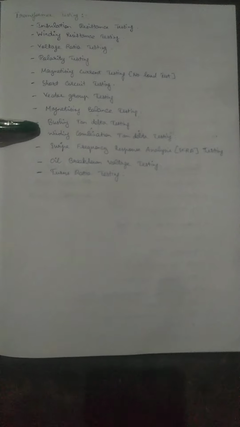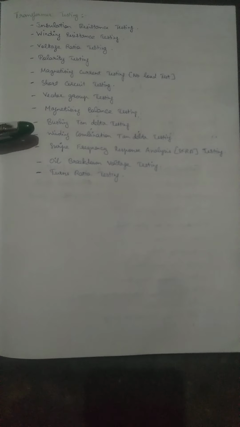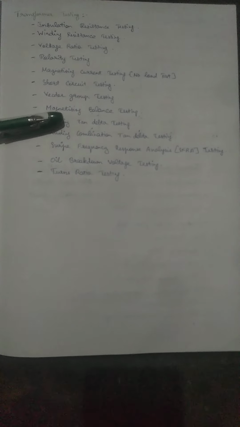Then tan delta for bushings. Normally the transformer bushings, which means the HV bushings, LV bushings and neutral bushings, are connected with our conductor. In order to check the bushing healthiness, we are doing tan delta. The tan delta testing is normally carried out for our bushings or even for our CVTs everywhere. It will check the insulator level healthiness.